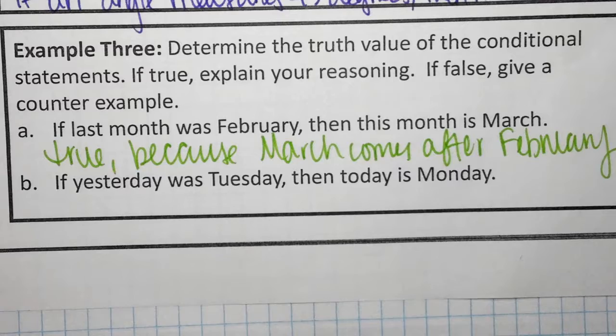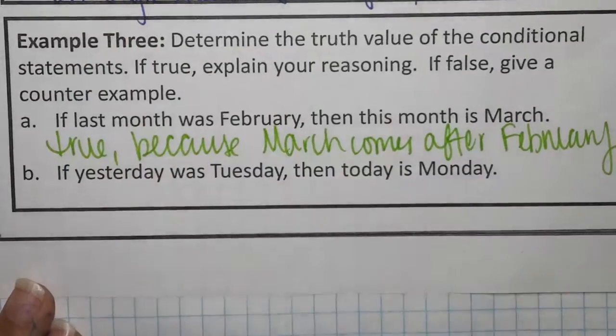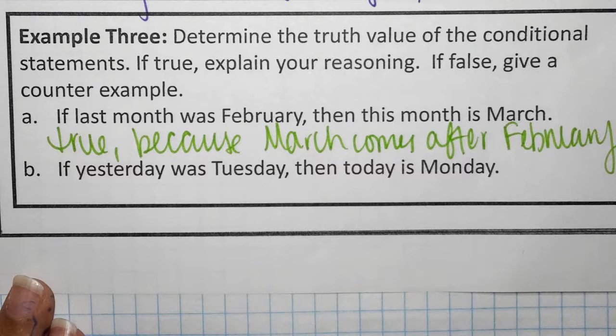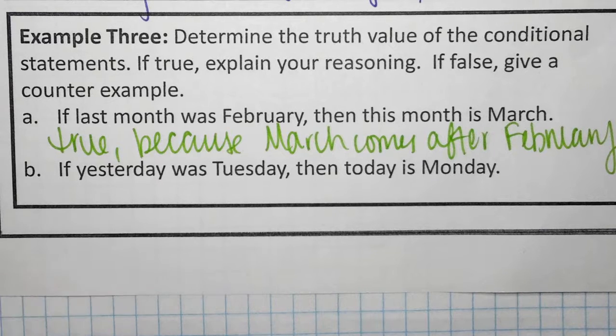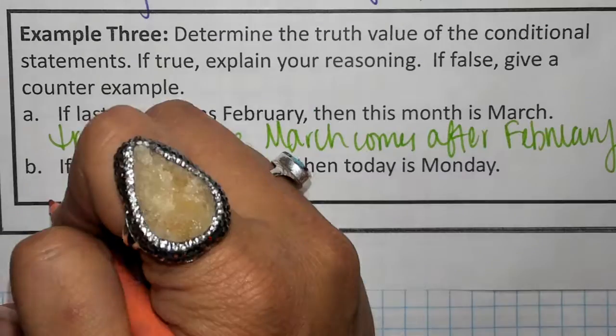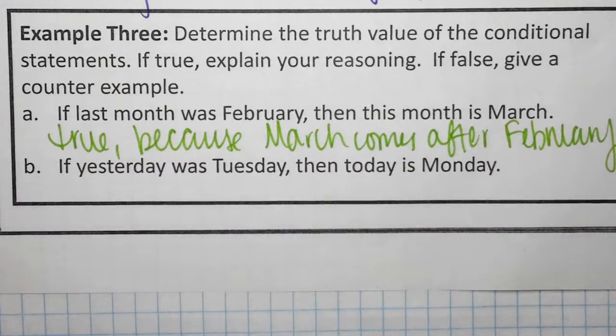If yesterday was Tuesday, then today is Monday. False. Yeah. False. Are we sure? Yes, sir. Because somebody said true, and yes, it was Tuesday, today is Monday, so that is true. Sorry.